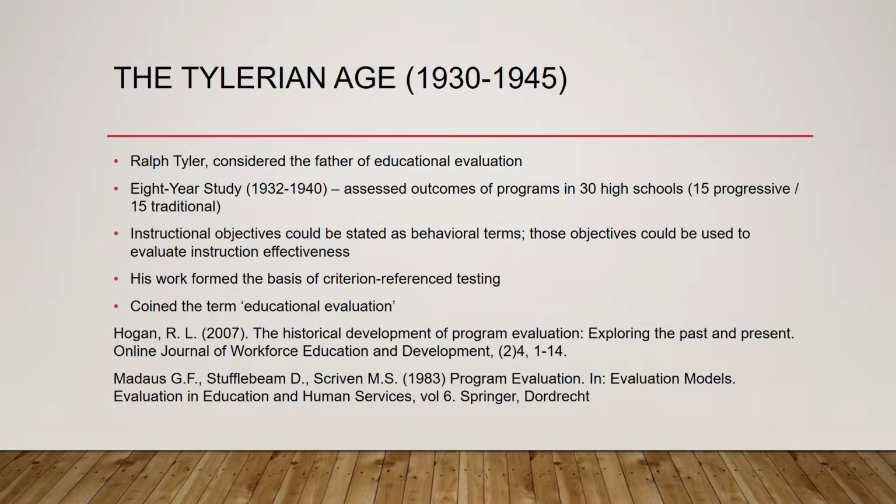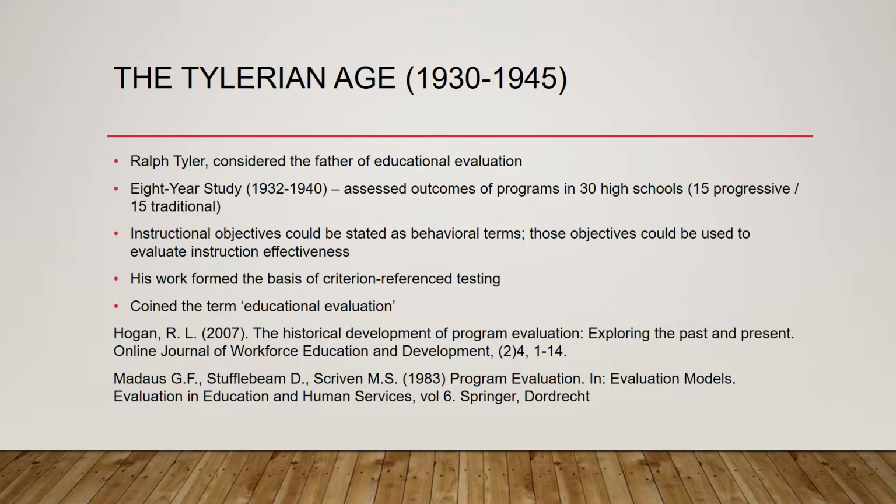phrase educational evaluation. And one of the landmark studies that he did was an 8-year study and assessed outcomes of programs in 30 high schools with 15 progressive and 15 traditional.